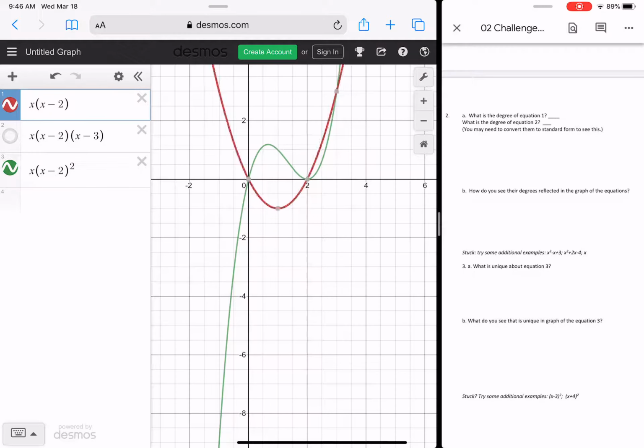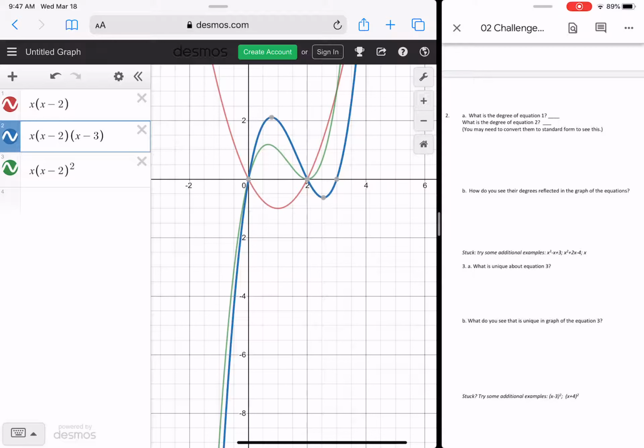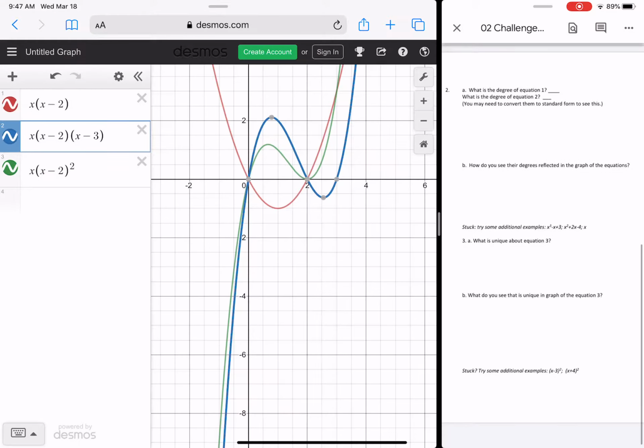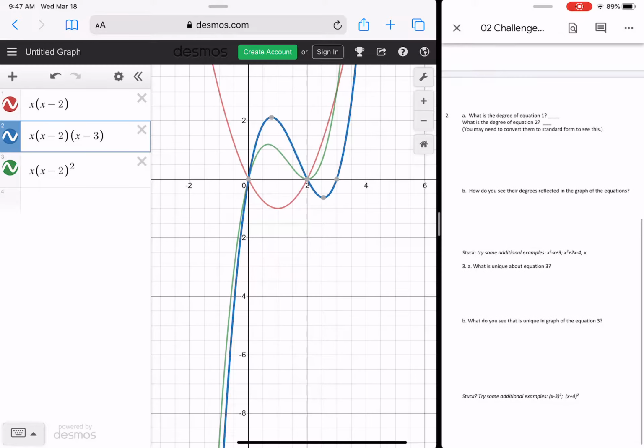What's different about equation 3 in comparison to the other two equations? What's unique about the equation, and what is unique about the graph? So that should be 3, parts A and B.